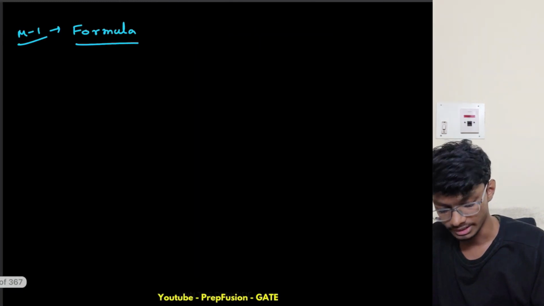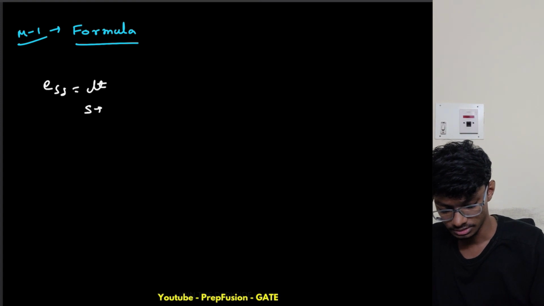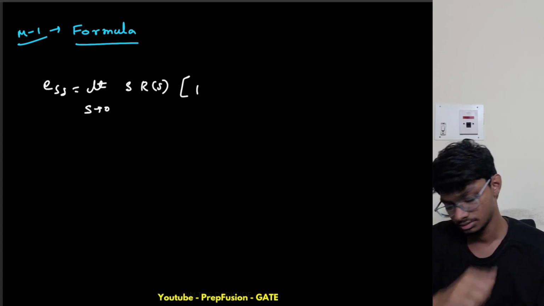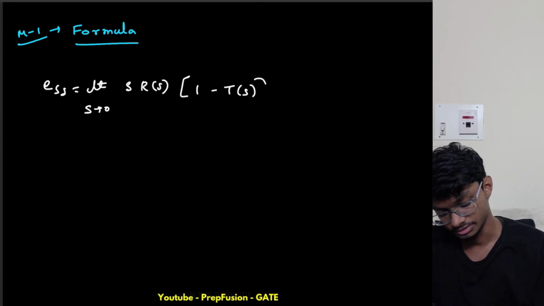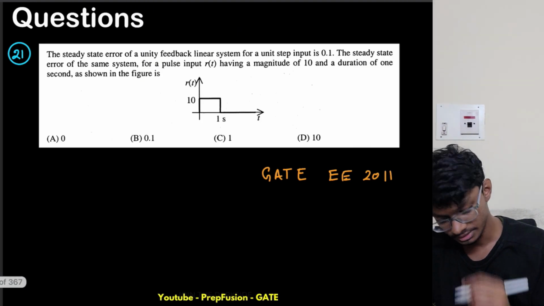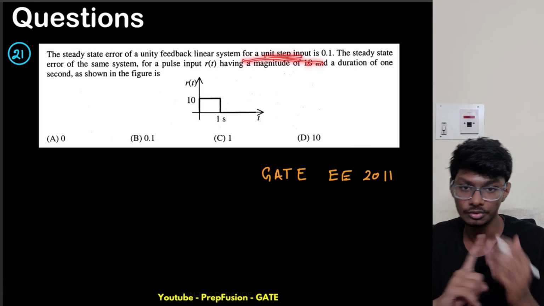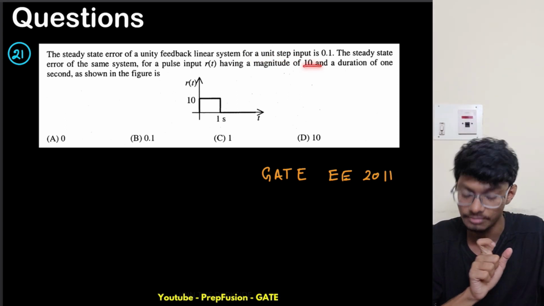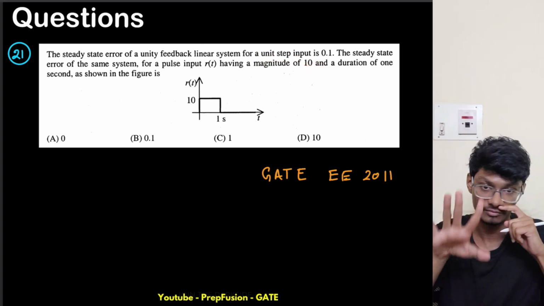It is the same formula, that ESS equals to limit s tending to 0 s r of s 1 minus t of s, right? Here we haven't been given the unit step input. If you remember, the error for unit step input is this one. So if you remember, what was the formula?